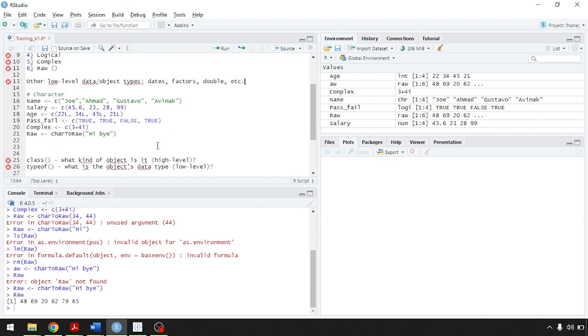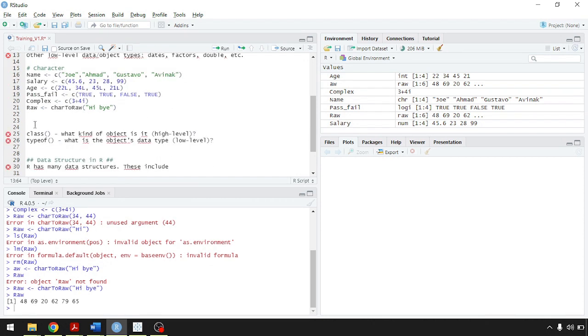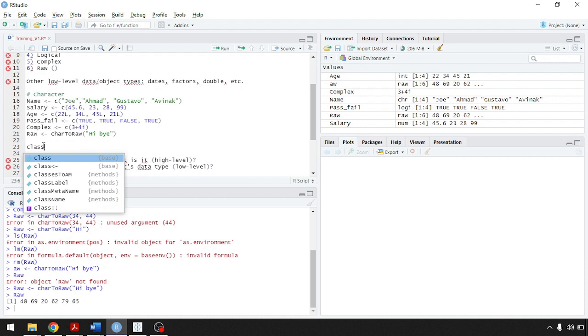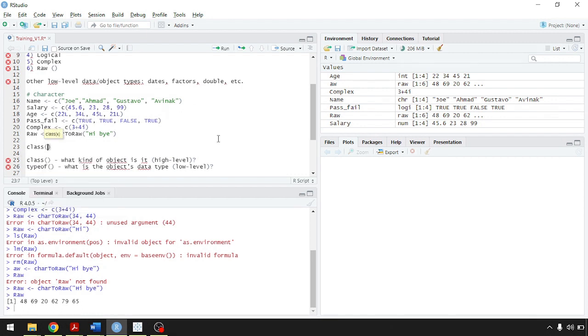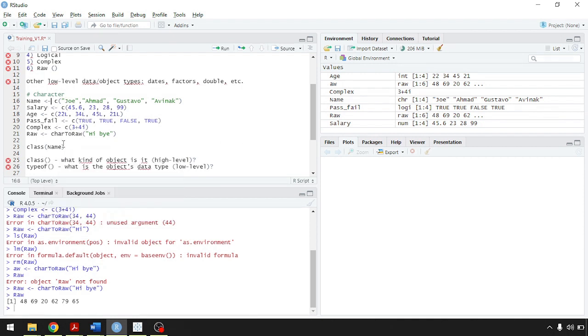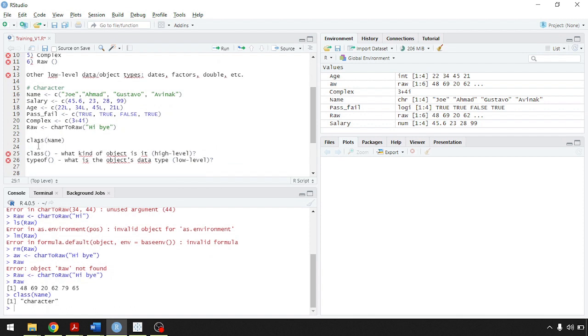The function I especially wanted to mention is the class function, which allows you to look at the class or high-level data type of a variable. For example, if you want to see what the class of name is, we can simply use the class function, and it says character.